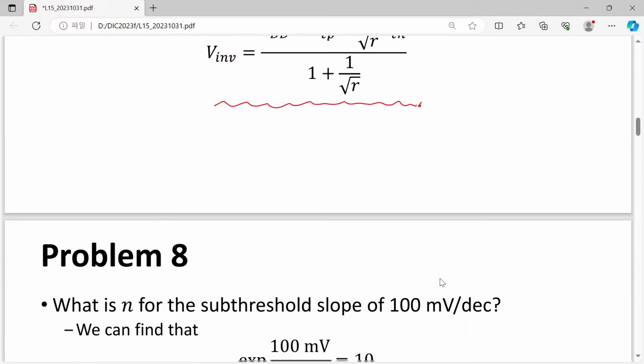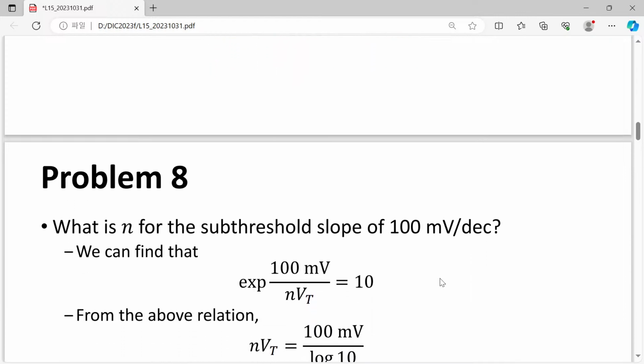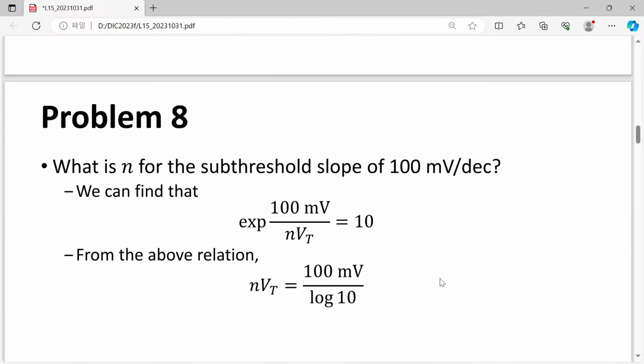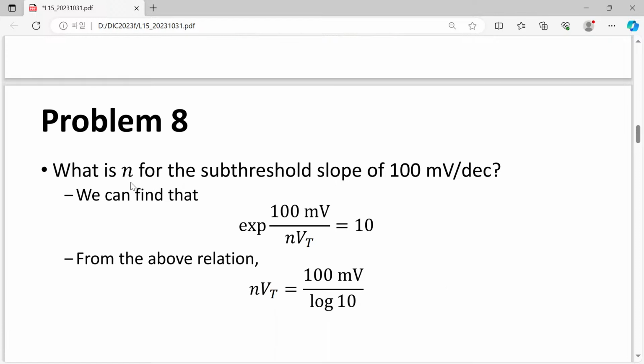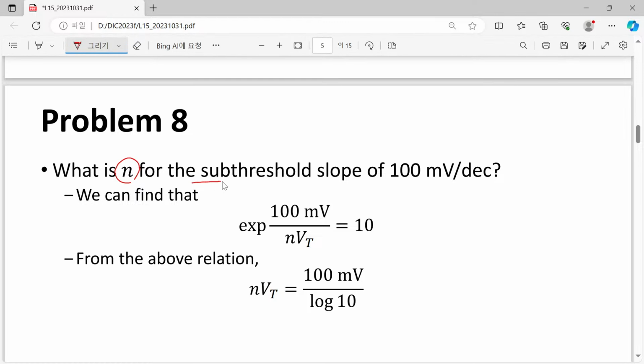And let's go to problem number 8. Problem number 8 is, what is N for the subthreshold slope of 100 millivolt per decade? Here N means that the expression shown here is given by ID equal to a certain constant. This is not source current, but just a constant, times exponential of VGS over N times VT.